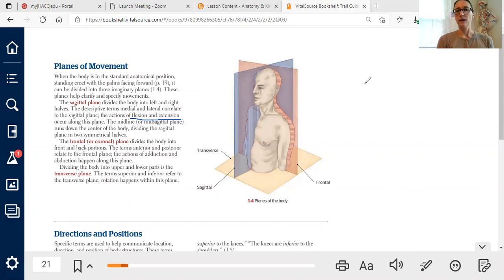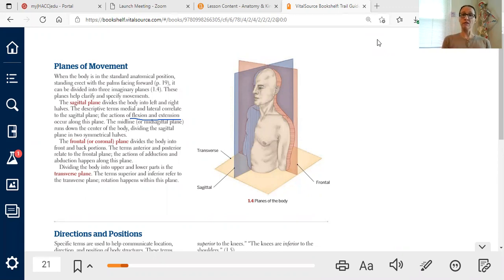So the best way to visualize how this works is to imagine that you have a board going all the way through the midline here, okay? If the board is going through the midline, you can't move side to side because the board would stop you, right?